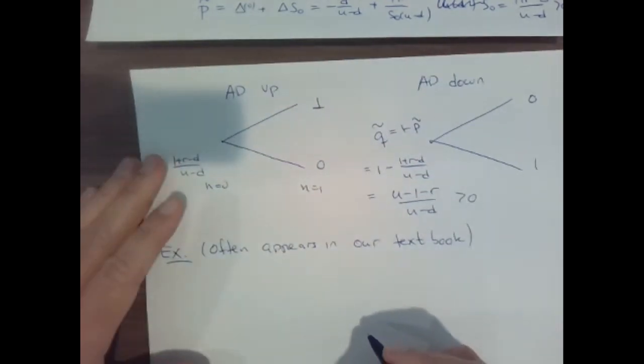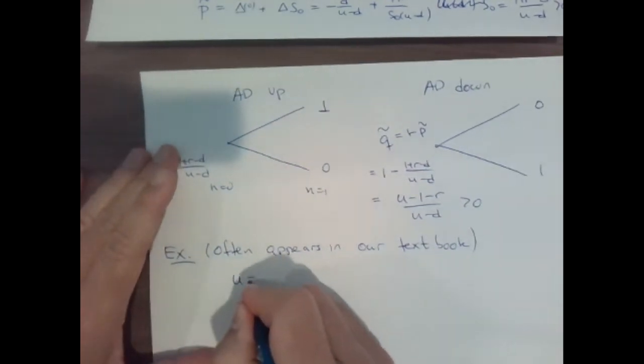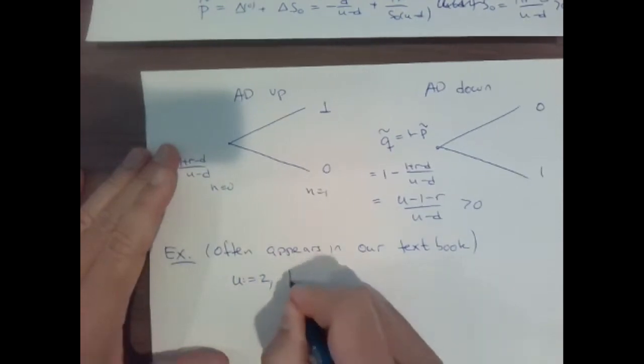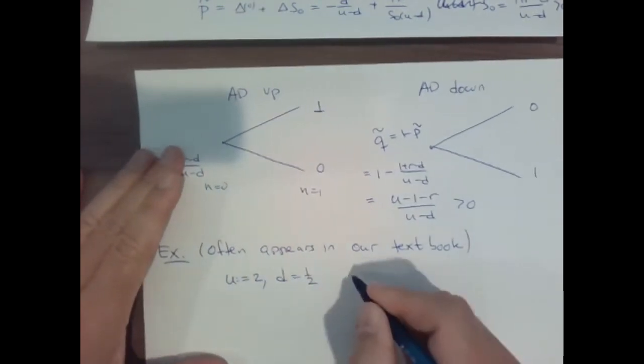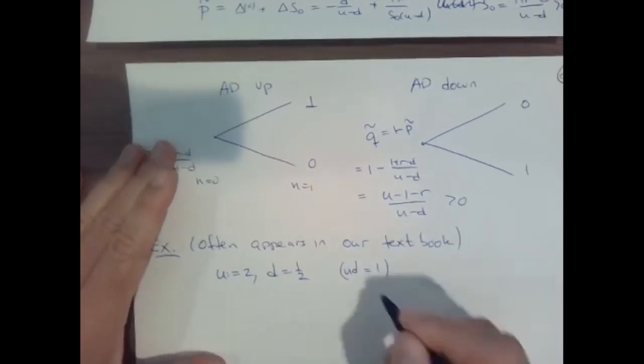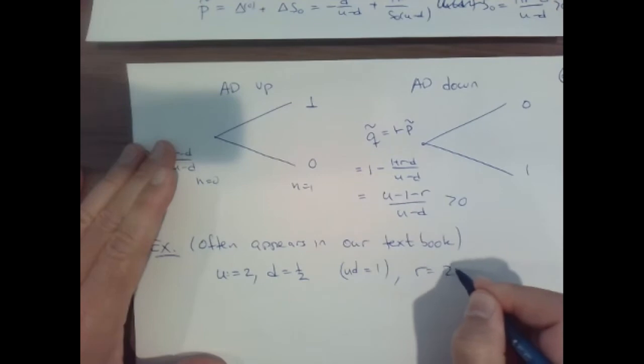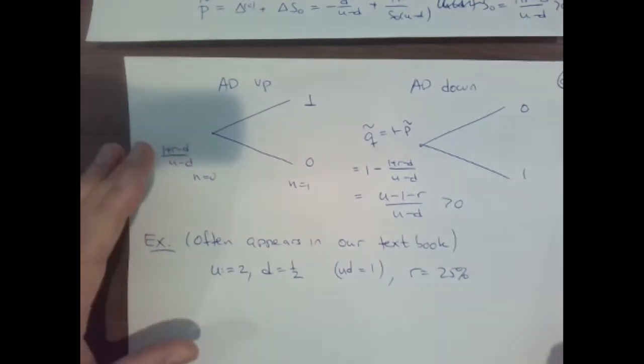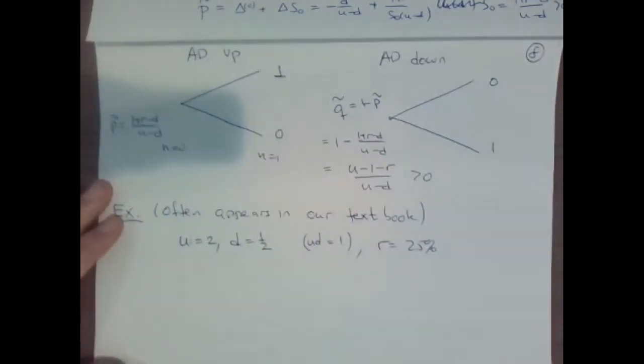He picks u to be 2. He picks d to be a half. So this is exactly one of these cases where u times d is 1, and then he picks r to be 25%. This is like a recurrent example in our textbook.